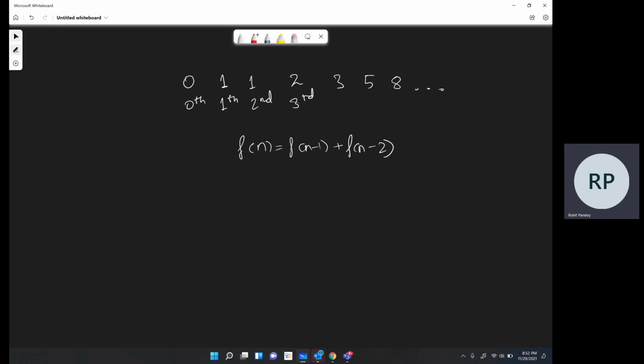And you can see these terms are going to increase very quickly, and they're going to start blowing up. But that's okay. The question is that you're given n, and you need to write a function in a computer which takes n as input and gives you the Fibonacci number as output. So f of 3 would be 2, f of 4 is 3, f of 5 is 5, f of 6 would be 8, and so on.